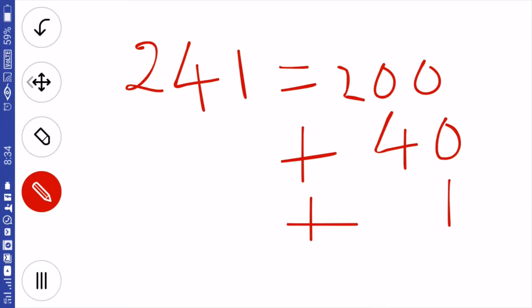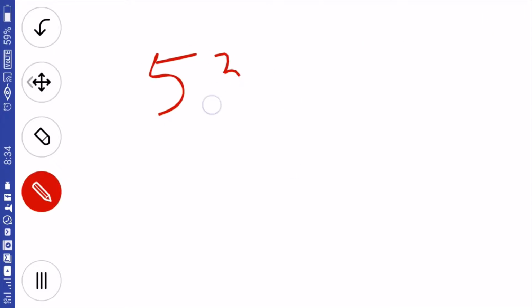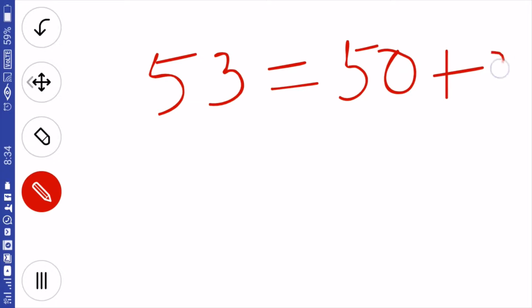Then 53 is 5 tens, that is 50, plus 3. This is a combination of the numbers.